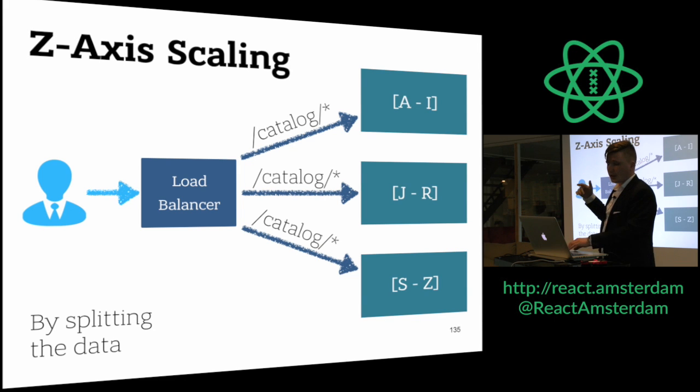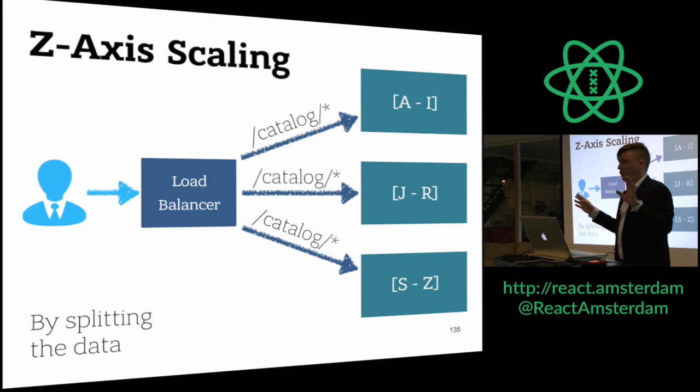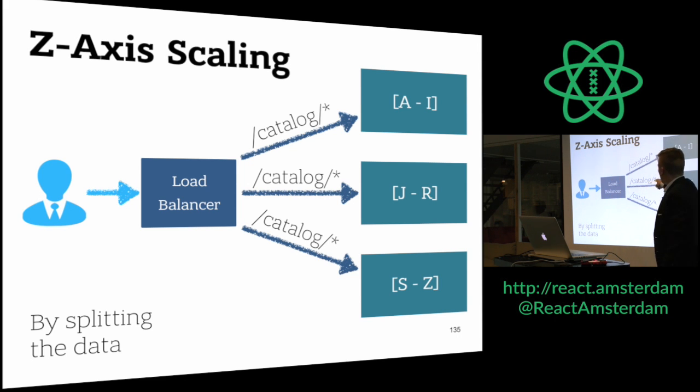Z scaling means scaling by data splitting. For example, we can split the content of our catalogs by letters, for example a range of letters, or by numbers.